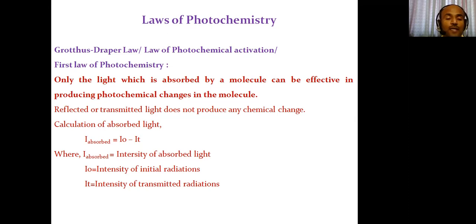And the amount of light absorbed is calculated by subtracting the intensity of transmitted radiations from the intensity of initial radiations. That is given by the formula I absorbed is equal to I0 minus IT, where I absorbed is the intensity of absorbed light radiations, I0 is the intensity of initial radiations, and IT is the intensity of transmitted radiations.